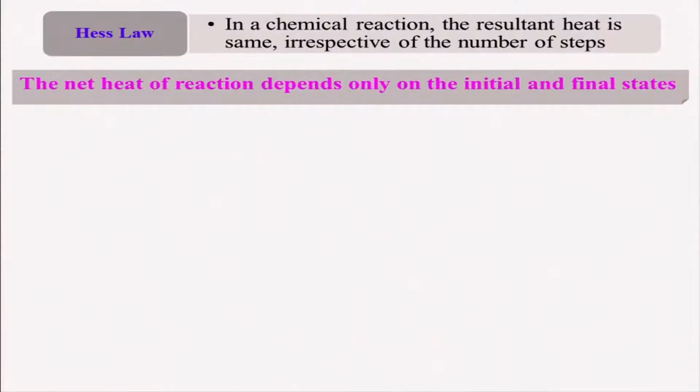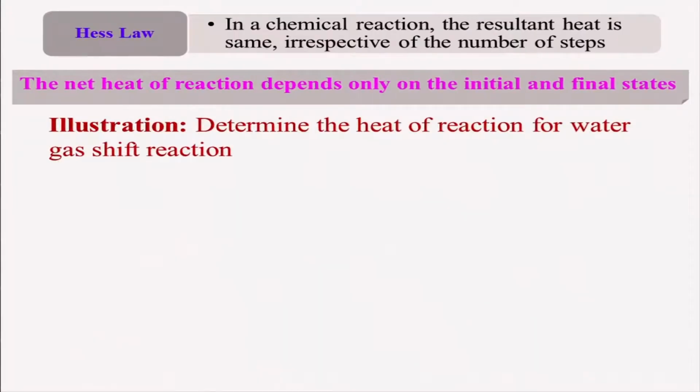Here we are just modeling it as a single step, but in the actual system there will be several multi-step chemistry reactions. Whatever heat is released in the single step will be the same as when, let us say, 40 reactions are taking place for methane combustion with air. So the heat release will be the same. That is, the net heat of reaction depends only on the initial and final state. It does not depend on the path taken by the chemical reactions.